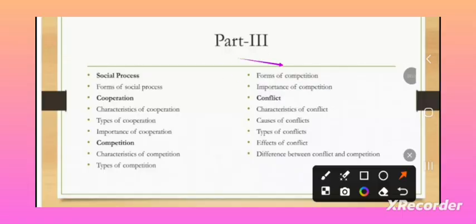Part 3, social process. The overarching concept: forms of social process. The different categories like associative and disassociative. Cooperation: characteristics of cooperation, types of cooperation, importance of cooperation.